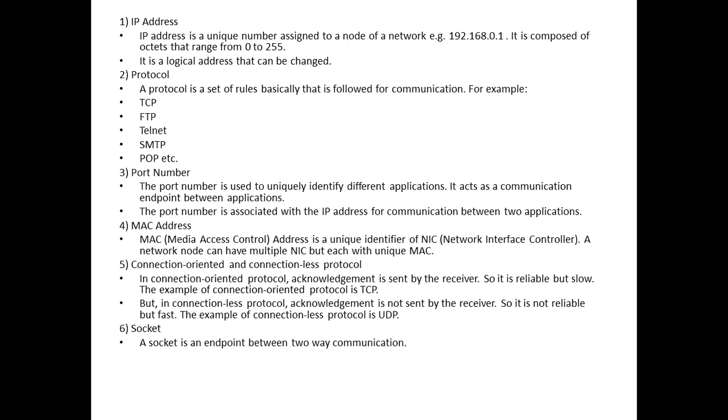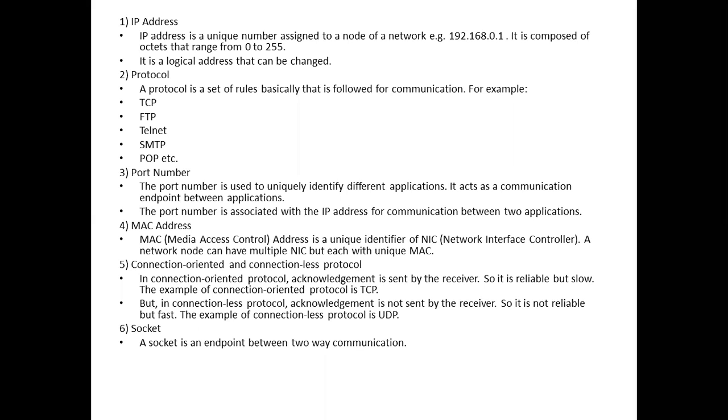Similarly, we have a MAC address, that is media access control. That is a unique identifier for a network interface controller. Similarly, we have connection oriented and connectionless. When we talk about connection oriented, an acknowledgement is sent by the receiver. Whoever receives that particular message will acknowledge to the sender that they have received it.